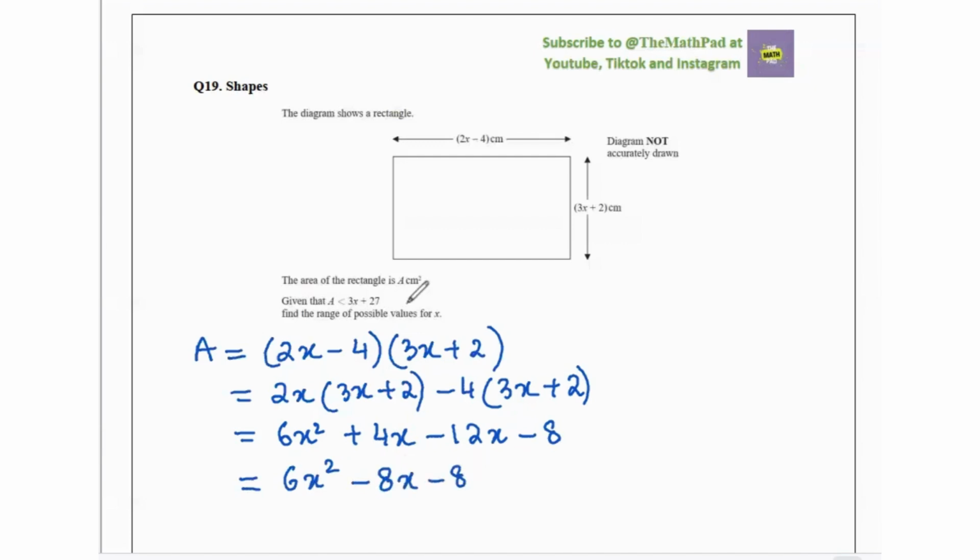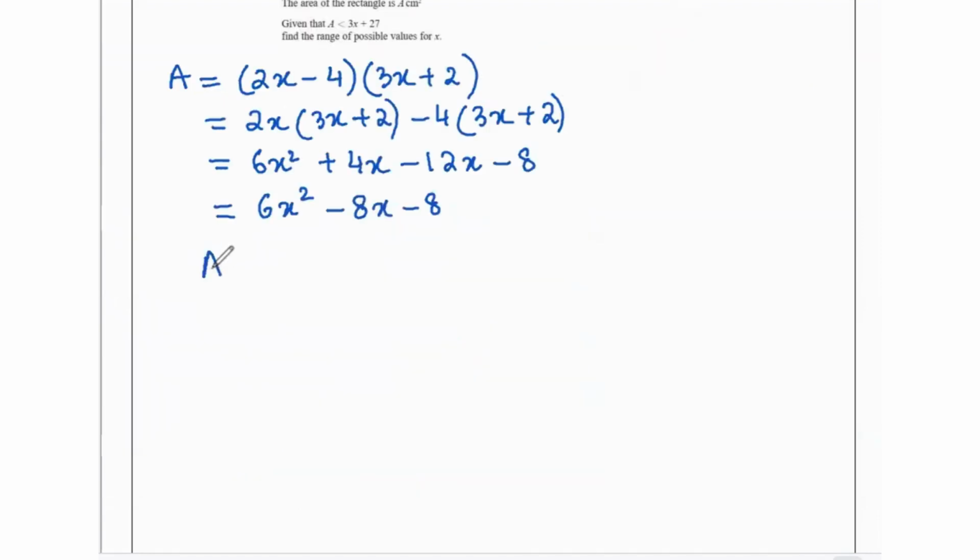We know that A is less than 3x plus 27. So if A is equal to 6x squared minus 8x minus 8, this expression is less than 3x plus 27.